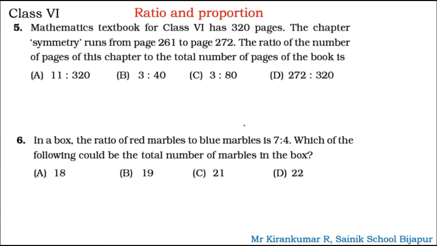Question 5. Mathematics textbook for class 6th has 320 pages. The chapter symmetry runs from page 261 to 272. The ratio of the number of pages of this chapter to the total number of pages of the book is.